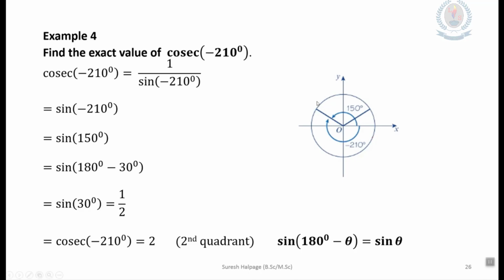It is in the second quadrant where sin is positive, so the sign is positive. Sin 180 degrees minus 30 degrees is equal to sin 30 degrees, which is half. So cosec minus 210 degrees equals 1 divided by sin 30, which is half.